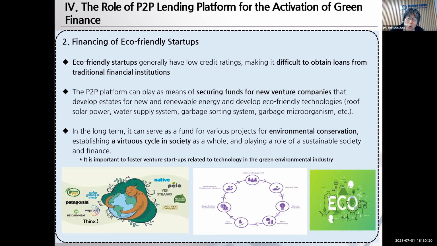I think P2P, basically along with crowdfunding, is kind of the long tail, small money from so many people. So it reduces the burden on the investors, and even low credit rating startups can connect with P2P lending vehicles.